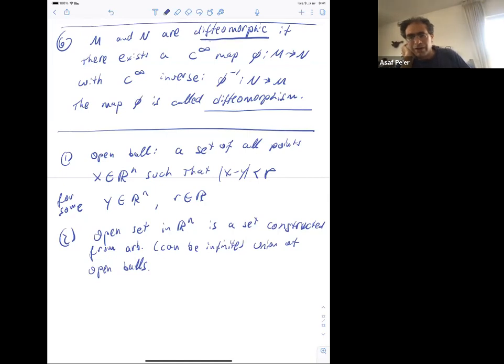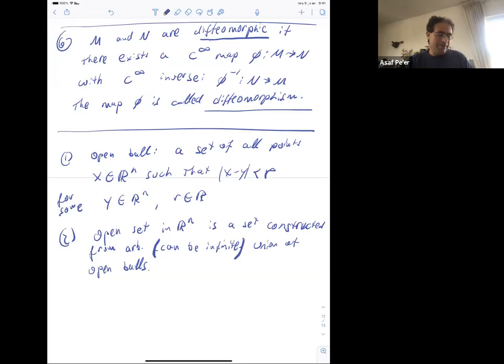You might have seen that in your calculus, one of the ways of defining open sets. It has no boundary, essentially.